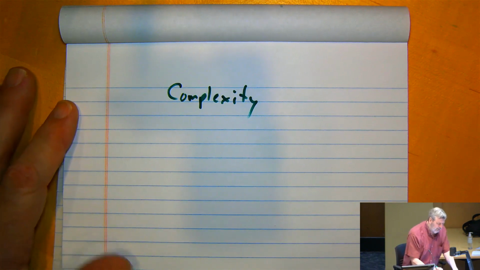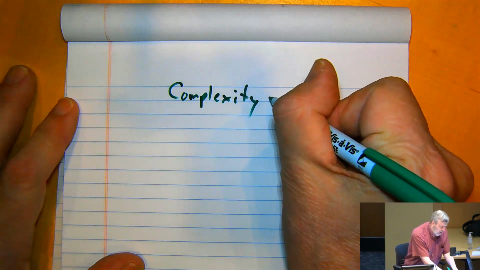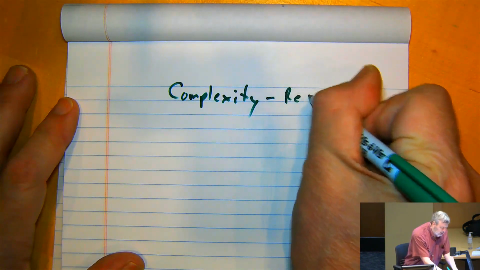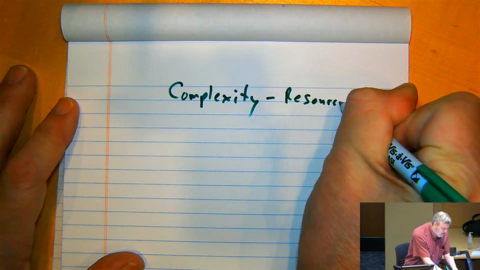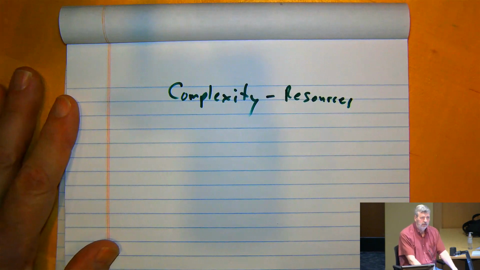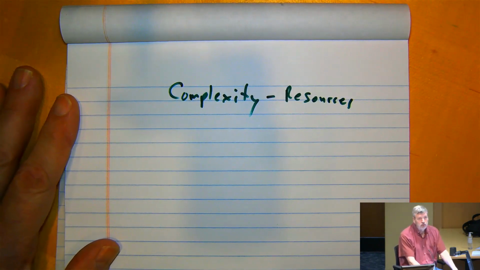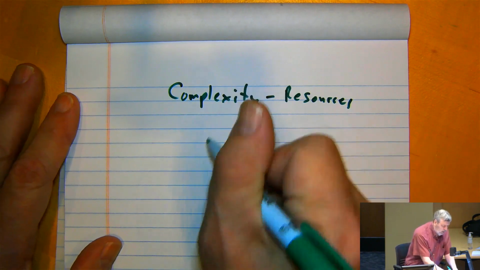But that's not what computer scientists mean when we talk about complexity. What we're thinking of is a measure of the resources that are required for a given algorithm or a given program to execute. And there's lots of different resources that a program can require.